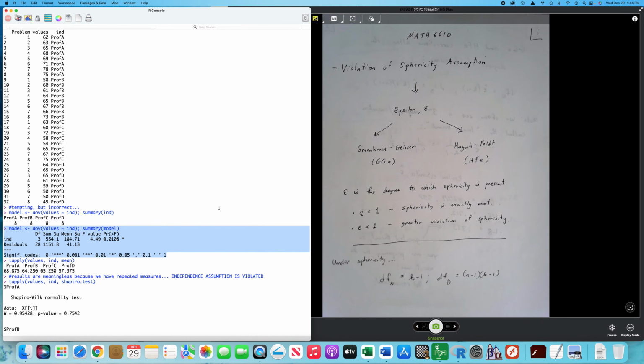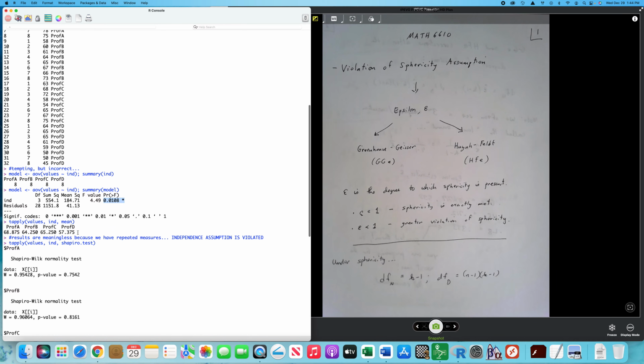Well, because we violate the independence assumption, and the traditional ANOVA command assumes independence. So I don't know what the p-value is for our study as we've designed it, but I know it's not 0.0108.